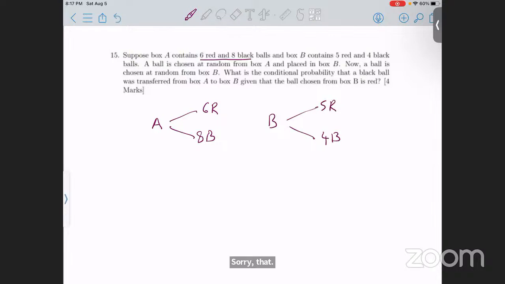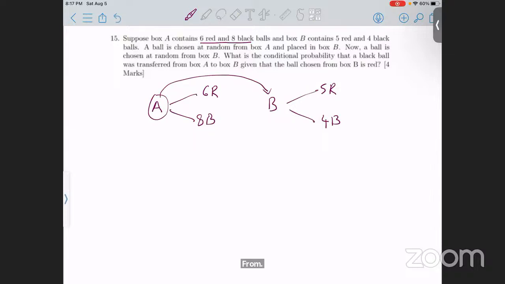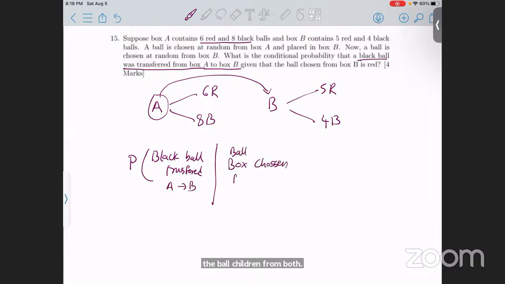A ball is chosen at random from box A and placed in box B. Now a ball is chosen at random from box B. What is the conditional probability that a black ball was transferred from A to B, given the ball chosen from B is red? Okay, this is the question.